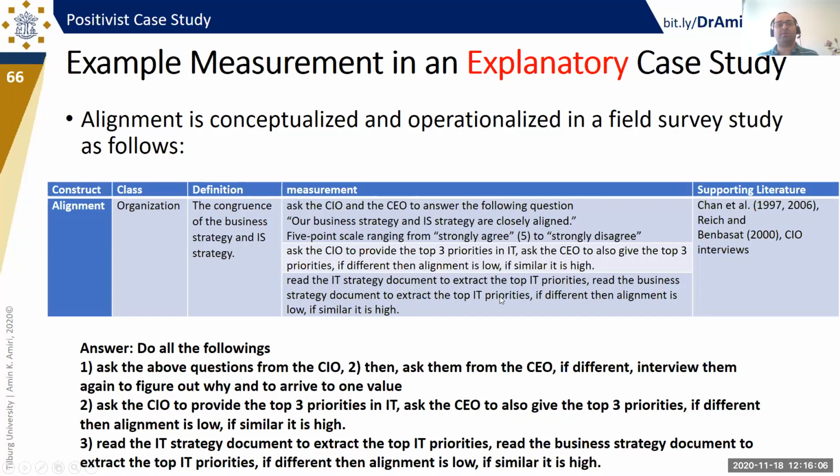So you see, this is called data triangulation. There are three different ways to figure out the value of alignment in only one case. And that's why a case study has details, to have reliable measures for constructs.